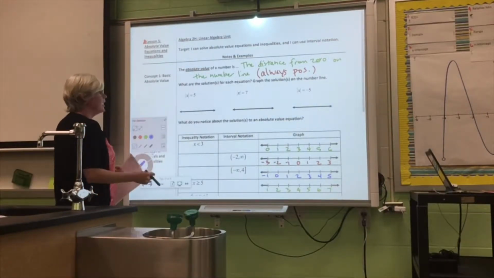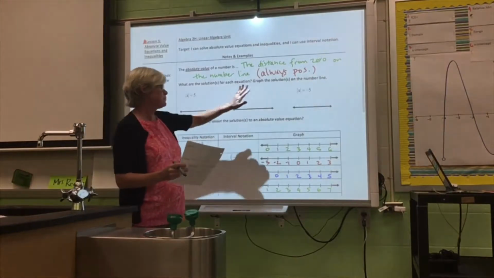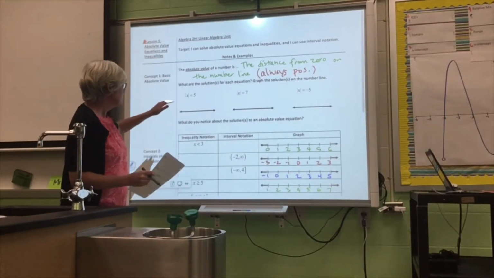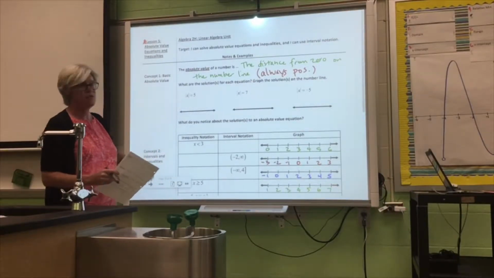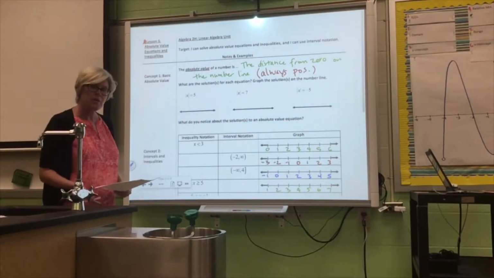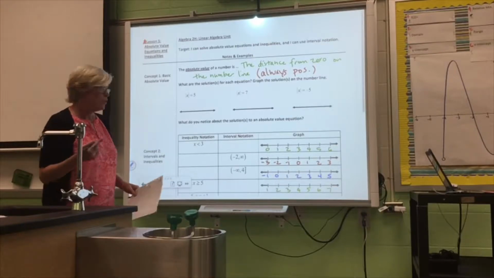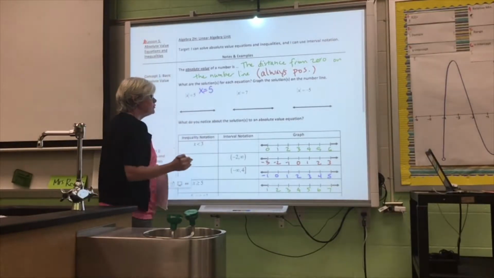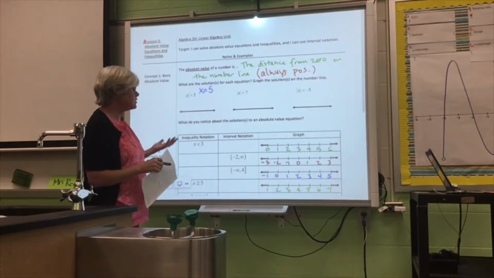So as you look at these 3, what would the solutions be? If the absolute value of x is 5, what are my possible answers? Well, one would be x is 5. Hopefully everyone knows that because that's going to work.